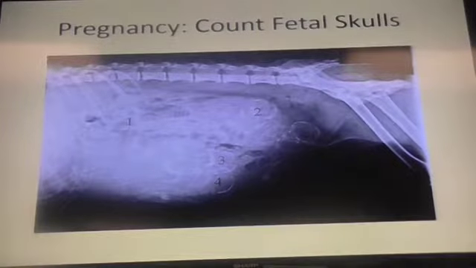Okay. Count the fetal skulls. Once you count the skulls, I don't really care. You can count the skeletons after that. But give me a skull count first. Because if you're trying to count 14 fetuses, and they're all wrapped and on top of each other, even if you do a ventrodorsal, they cross in midline, you can pick up a skull pretty easy.